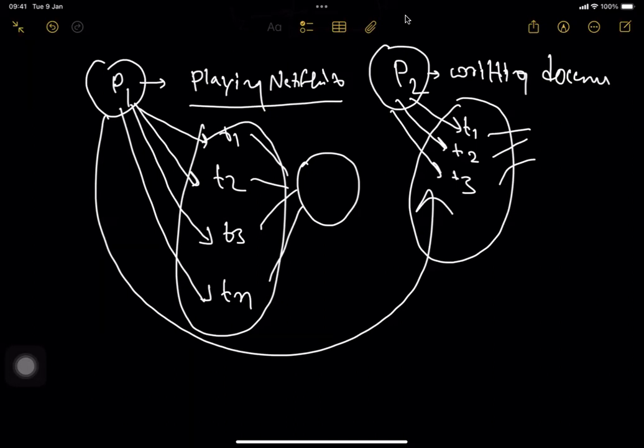When a process is executing, it stores its state, which is called the process context, the PCB. When the process restarts, it starts from exactly where it left off. That is called context switching; it switches the context.